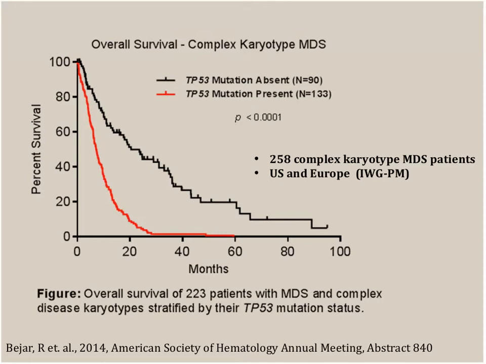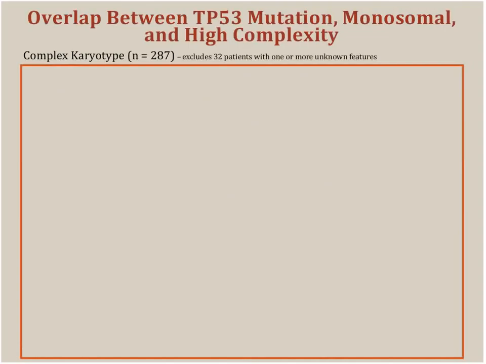This was statistically significant, the median being about 10 months versus 20 months overall survival between the two groups. These patients were subsequently broken down into subgroups, looking at p53 associated with other particular abnormalities.